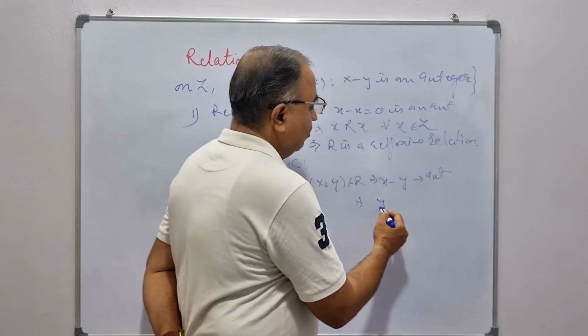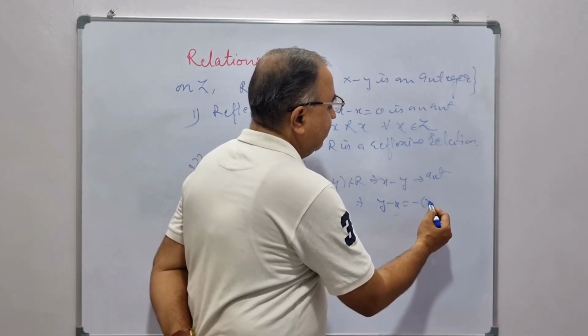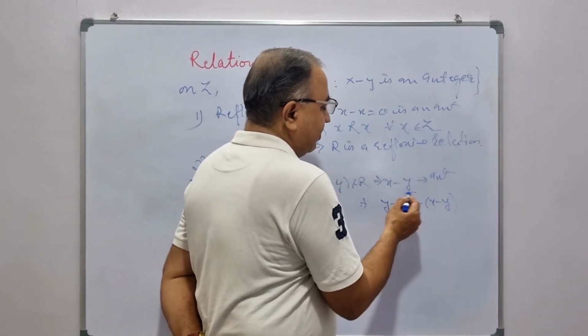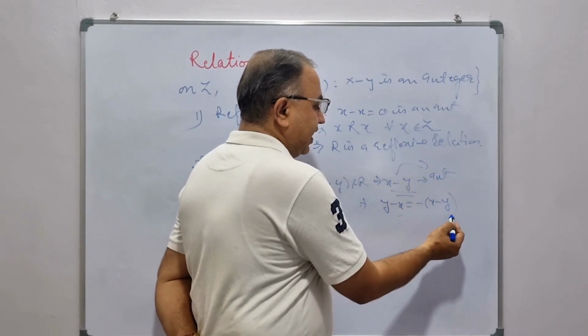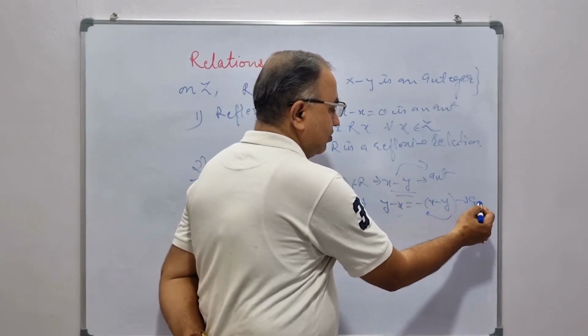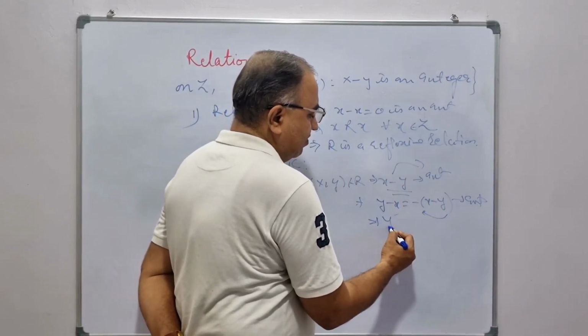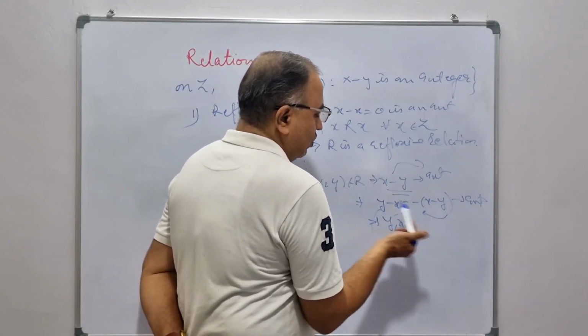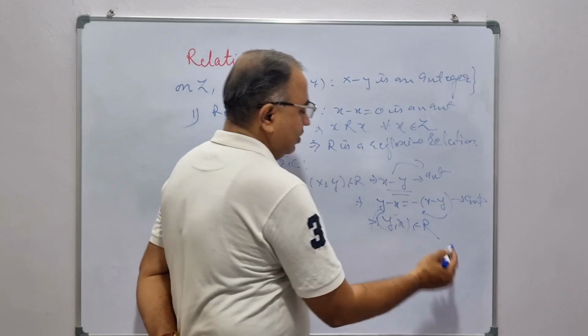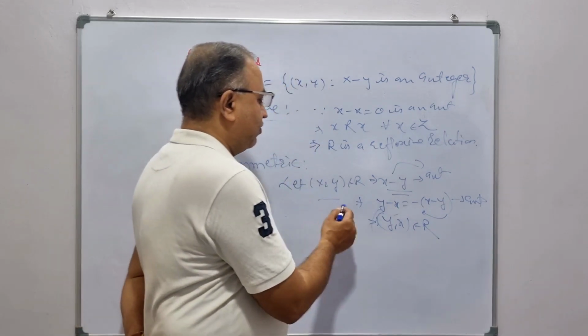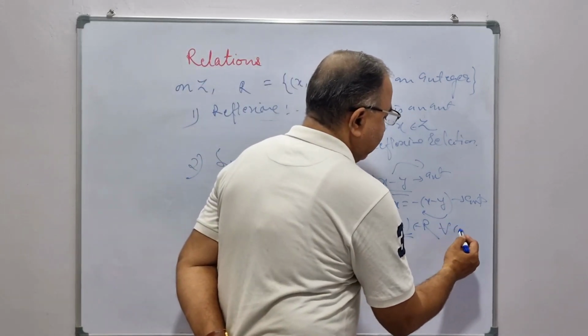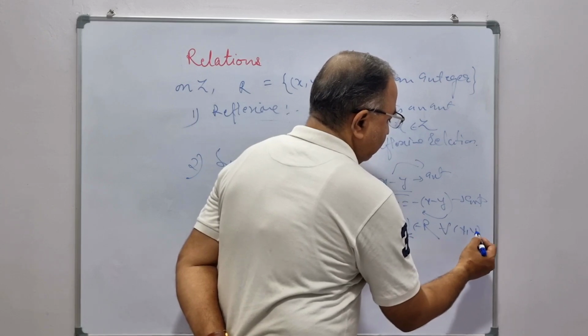We know that y minus x is written as minus (x minus y). So if x minus y is an integer, its negative is also an integer. So y minus x is also an integer, which means (y, x) also belongs to R. It is true for all such x and y which belong to Z.